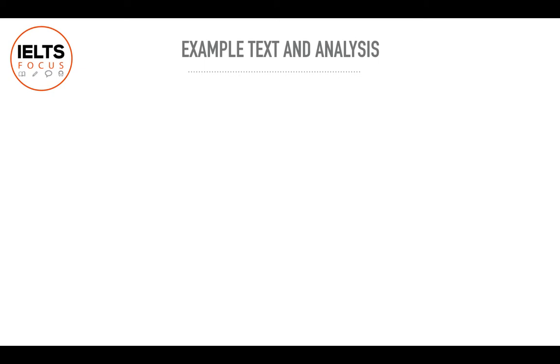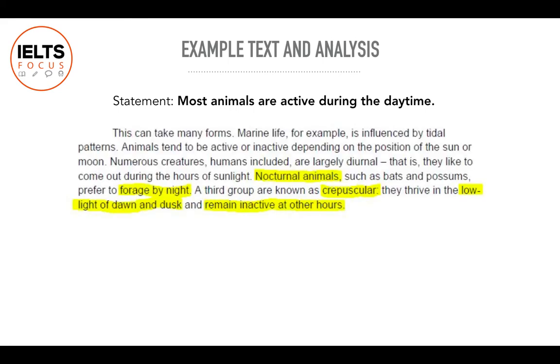So let's have a look at the next question: most animals are active during the daytime. And here's the area of the text where I think the answer is. I've highlighted some keywords, but I can't find any information about most animals being active during the daytime.